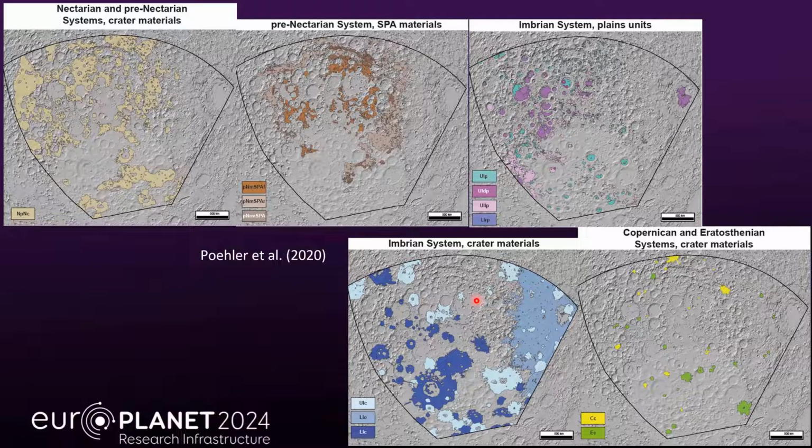And then the last step is the Copernican and Eratosthenian crater materials that are the most recent events. And so that basically all assembles into the geologic map that you have at the end.